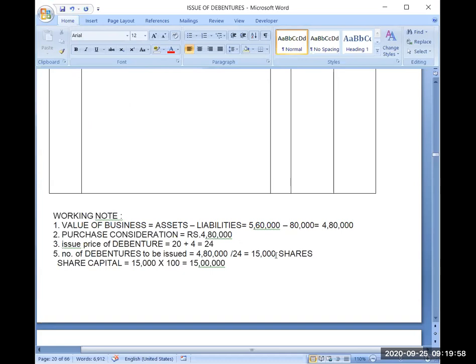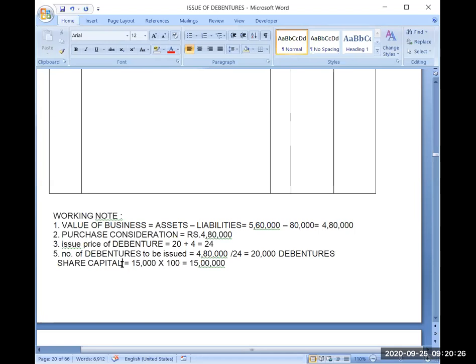So it will be 20,000 debentures. So the question has asked us to calculate purchase consideration, that we have shown now. The question has asked us to calculate the number of debentures to be issued. That also we have calculated.